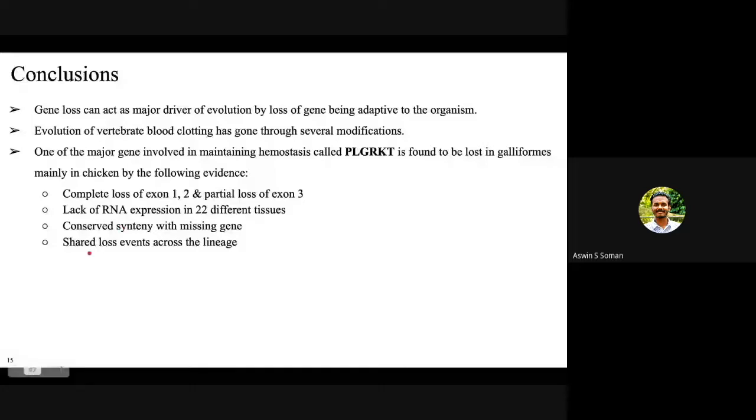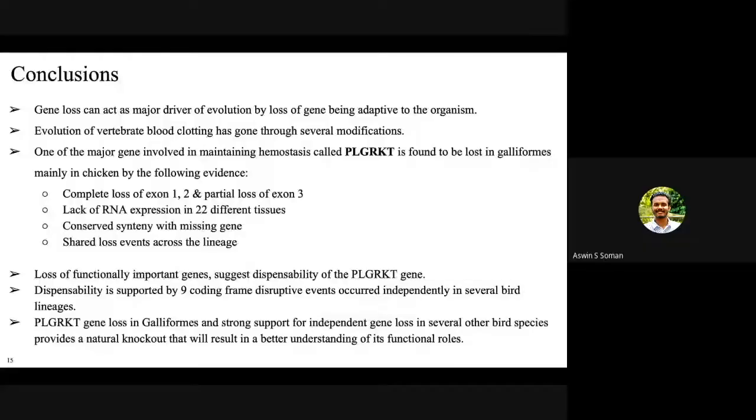This loss of a functionally important gene suggests that the gene is dispensable, and it is supported by gene loss events in other, non-galliform birds, where we observed 9 different independent events in different lineages which led to the loss of the PLGRKT gene.